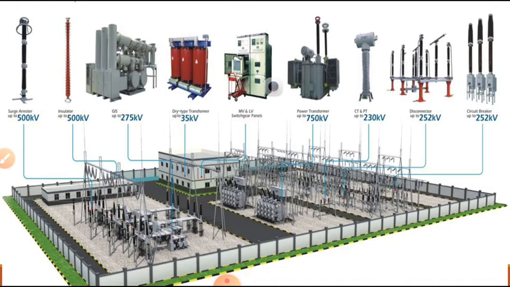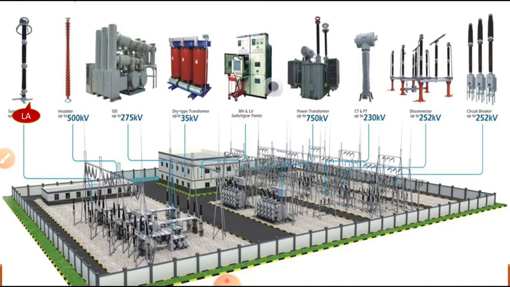Seeing this substation, it is very large, but our main controlling components are very few. First, at the extreme left, you can see the LA, that means lightning arresters.